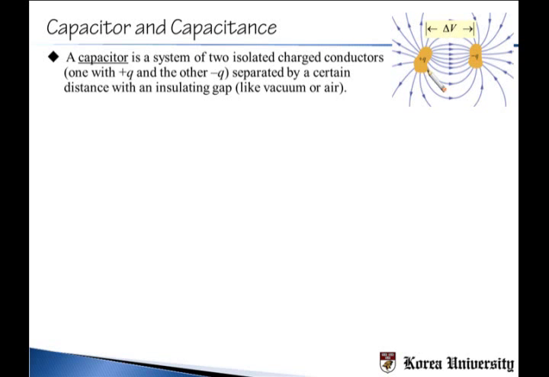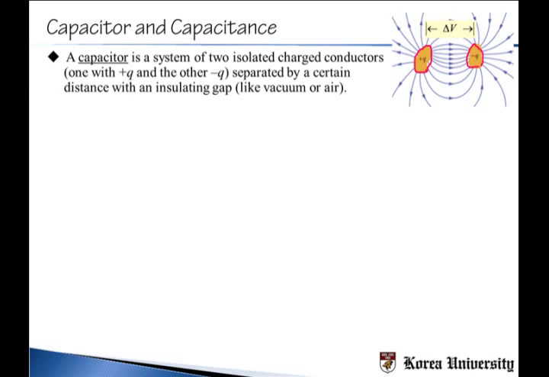Here we have one conducting object charged with plus Q and the other object with minus Q. They are separated, so the charges cannot move. The shape looks very funny, right? For a capacitor, the shape doesn't matter. Depending on the shape, some numbers may change, but it is still a capacitor.